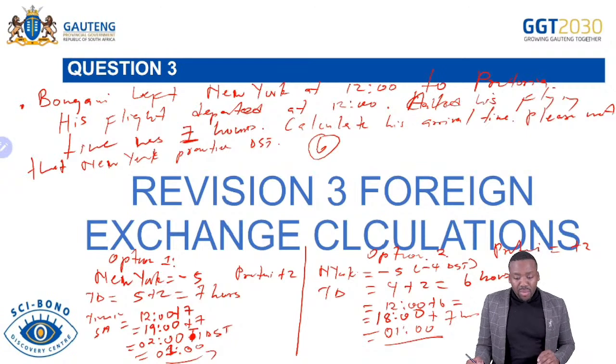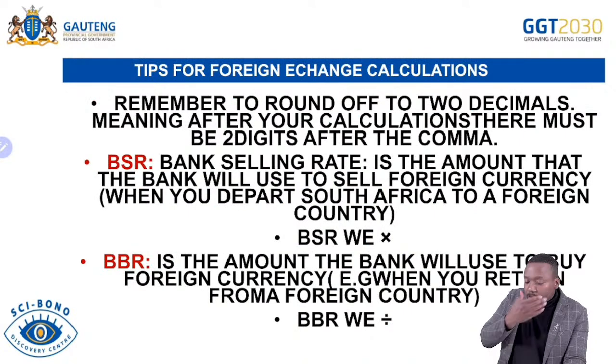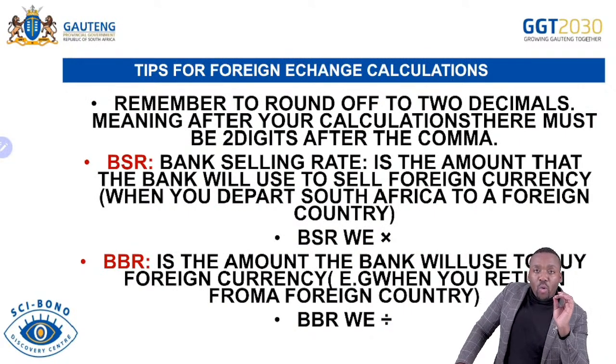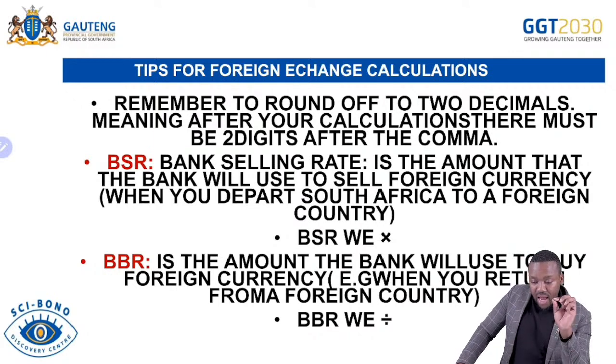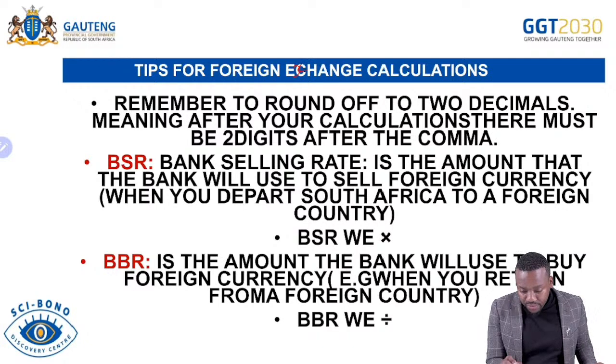Then in this 4 minutes, let's move to doing foreign exchange calculations a bit. Then next week, I will continue with foreign exchange. Right. So when it comes to foreign exchange, this is going to be your question 3. Tips for foreign exchange calculation. Right?